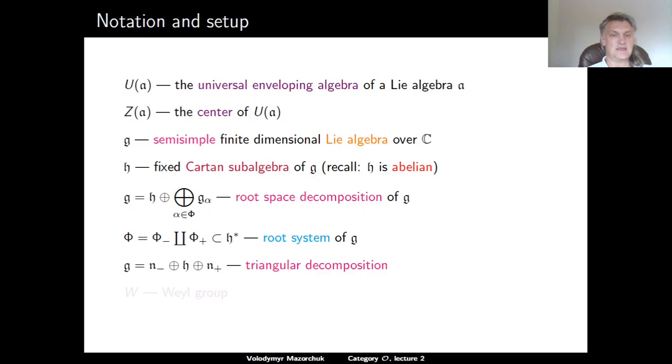So this gives us a triangular decomposition of G, which means a decomposition of G into a direct sum of three subalgebras: n minus, which is a direct sum of all root subspaces corresponding to negative roots, H, which is our Cartan subalgebra, and n plus, which is the direct sum of all root subspaces corresponding to all positive roots. We denote by W the Weyl group of our root system Phi.